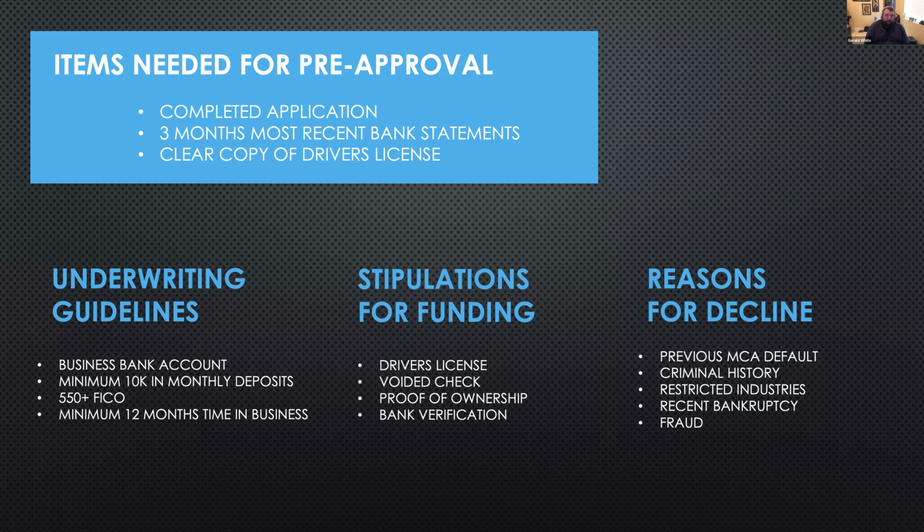Now, I have companies that will fund defaults as long as they were paid back or a payment plan was made. Criminal history. This one might seem like a crazy one, but I've had merchants that have been declined because they had criminal history, even 10, 15 years in the past, especially finance crimes, fraud, something like that, right?